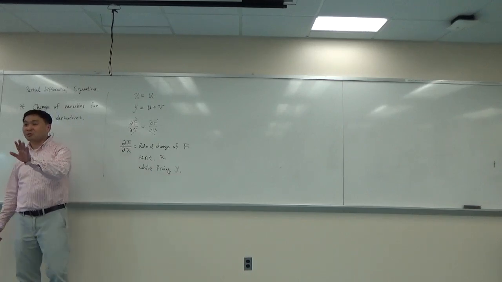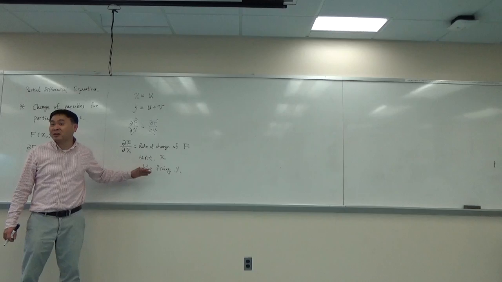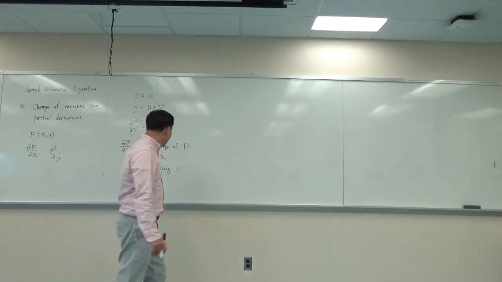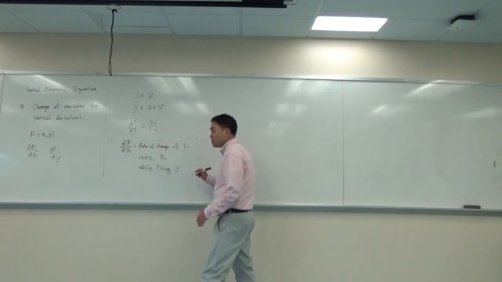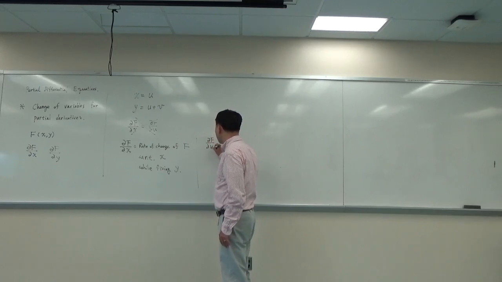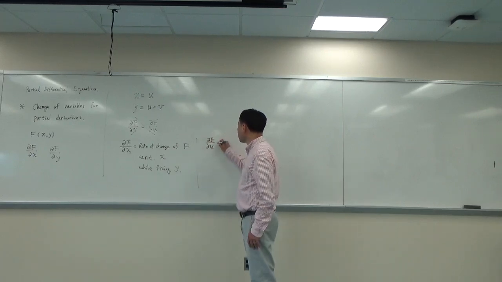That's nothing special, right? This is exactly how you learned it. You agree, right? This is exactly the definition you learned. Now, try to compare this with the other definition, the partial derivative with respect to u. It's exactly the same thing.